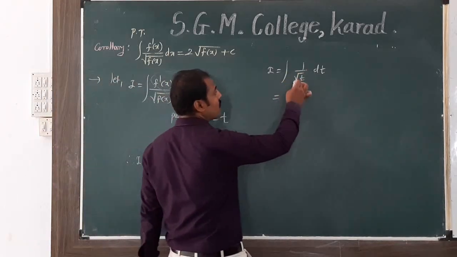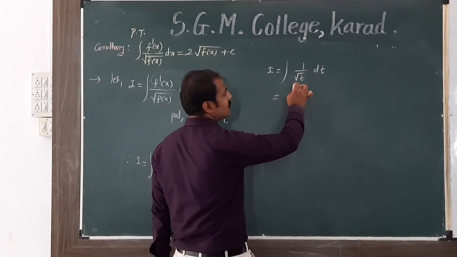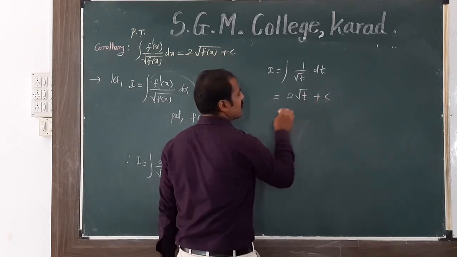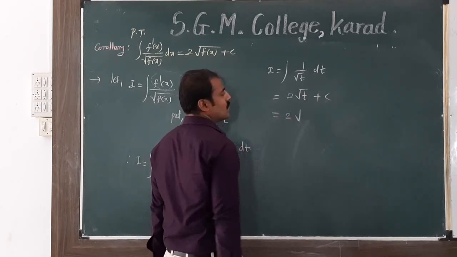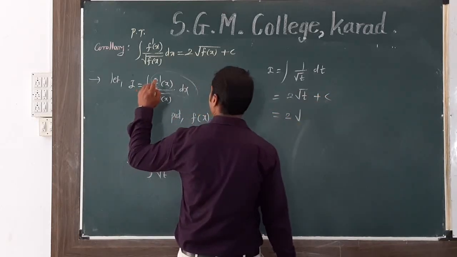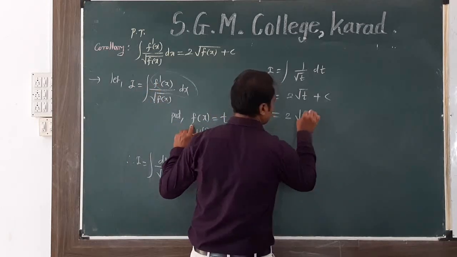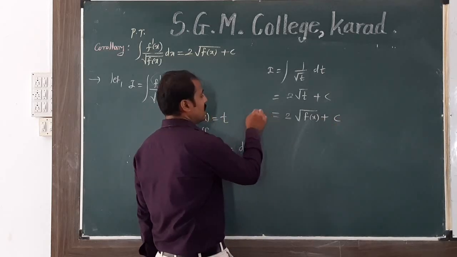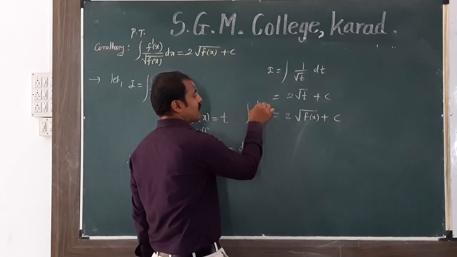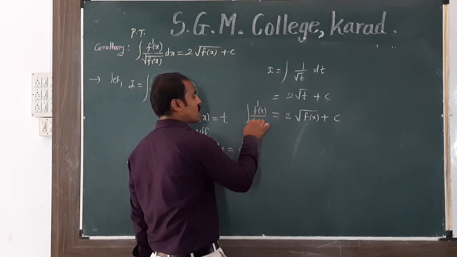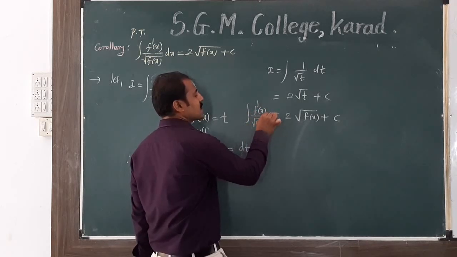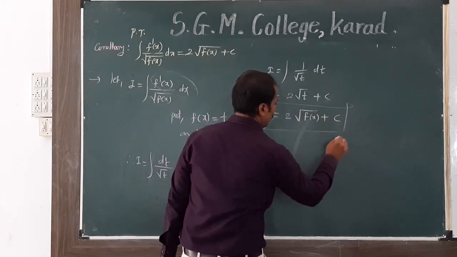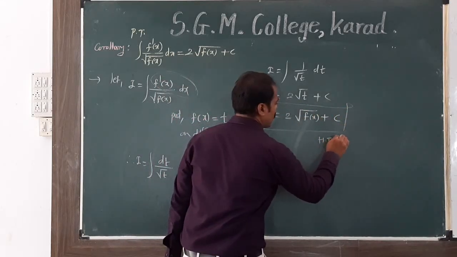So integration of 1 upon root t is 2 root t plus c, which is equal to 2 root f of x plus constant of integration, replacing t by f of x. What is that? It is integration of f dash of x divided by root of f of x dx. So the proof of this corollary is over, hence proved.